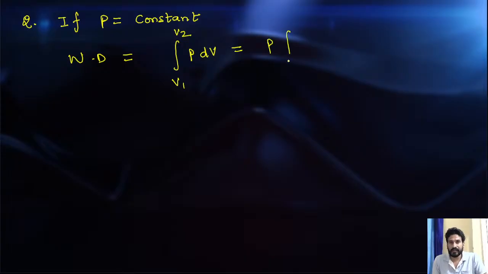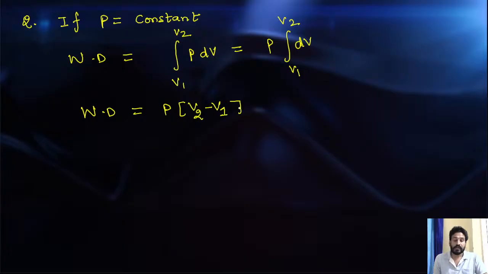So it is P integration dV, from V1 to V2. Integration of dV is V, and by putting the limits, it is V2 minus V1. So this is the work done if my pressure is constant. Or I can write it as P into delta V. Is it clear to you?